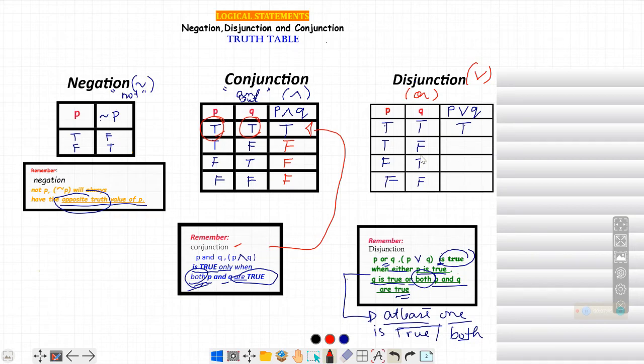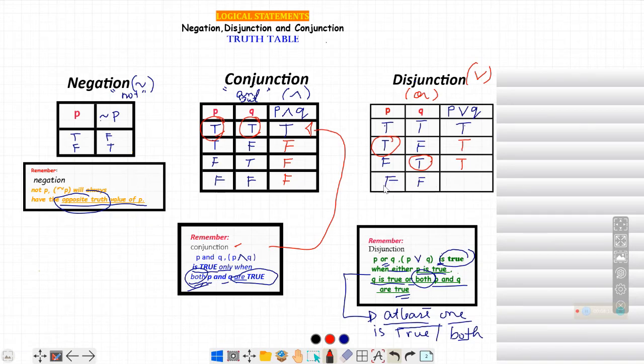Next, P here is true, but Q here is false. Then still this statement will be true, because one of the statements is true. Next, P here is false, but Q here is true. Still the statement will be true because one of them is still true.